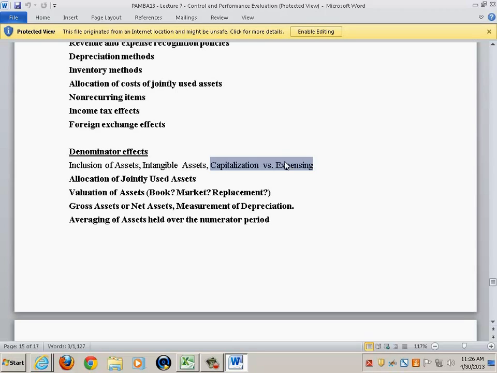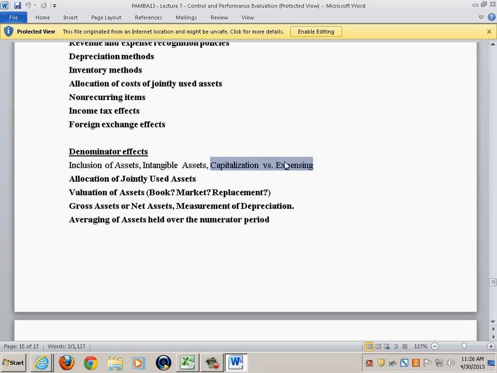So in that case, the bulk that you would otherwise expense will go into the denominator as an asset, and only a small portion will go into the expense component in the numerator. So research and development is one example.